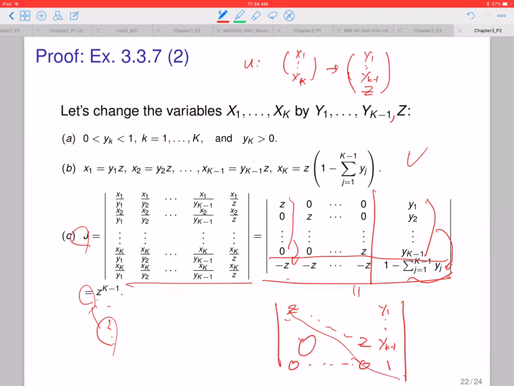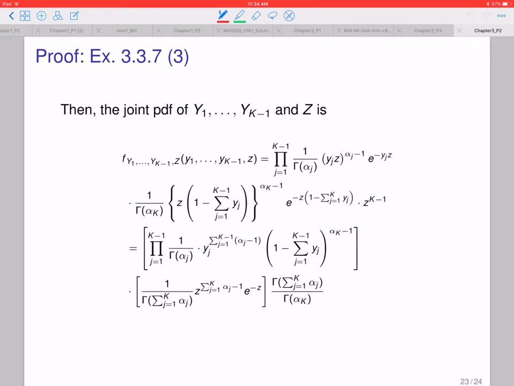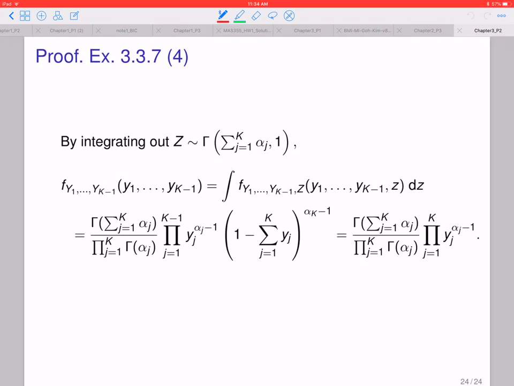So then the determinant is simply the product of the diagonal elements of this matrix. So that's why we have this one. And then everything should be straightforward once you compute the Jacobian determinant, and after some algebra, you can derive this PDF. So you can check on that.